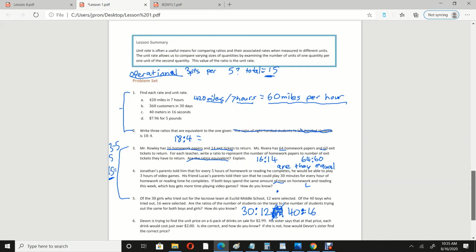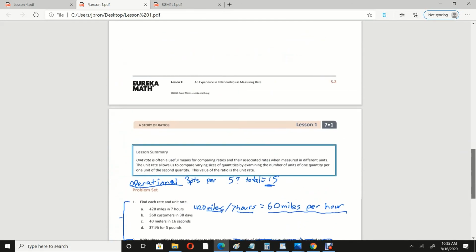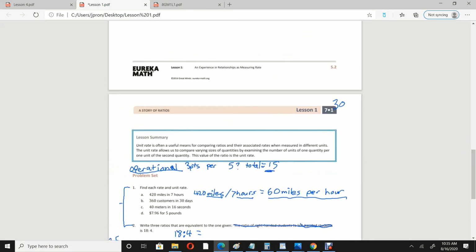So that means there's 30 total potential points. And I always like to leave a little wiggle room. So I'm going to make this worth a 25-point assignment. Okay? Excuse me. I apologize.